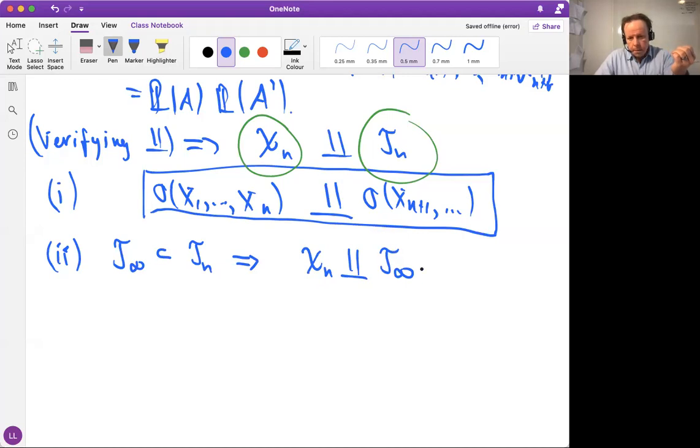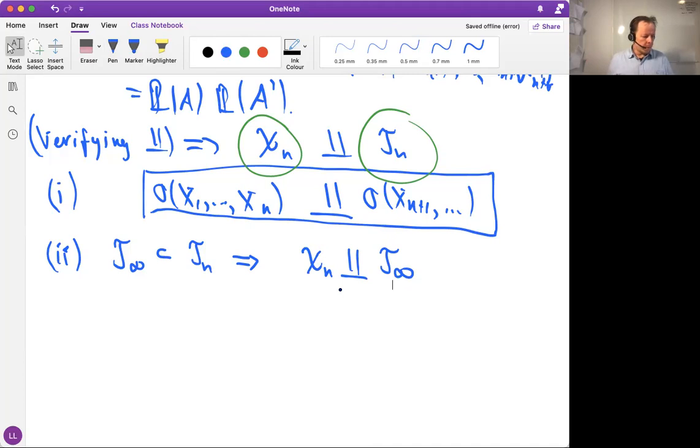Because this is a smaller collection. Here we require that probabilities factorize for all pairs from these two sets. But any event in T infinity is also there. So the probabilities factorize also for any pair where one event is from here and the other event is from there. So this is very easy. It's immediate. The tail sigma algebra is independent of any Xn sigma algebra. That was part 2.